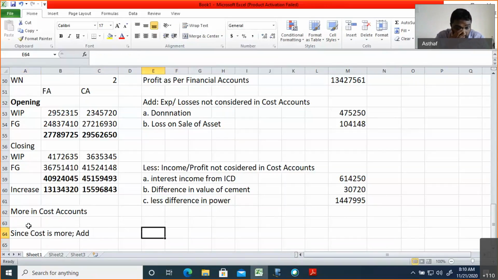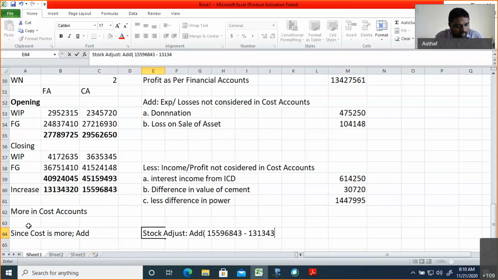Very good, very good. So stock adjustment. We have to add the difference. 15,96,843 minus 13,13,4320.